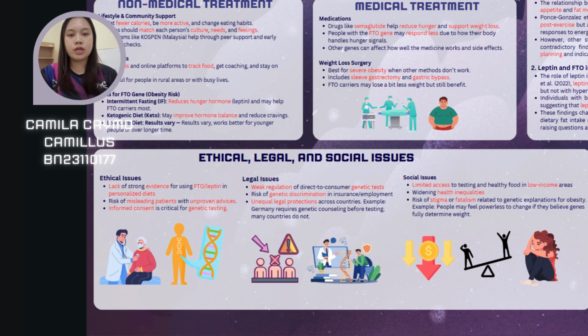Socially, access to testing and personalized diet is often limited to higher-income or urban populations. This creates health gaps between communities. Also, focusing too much on genes can lead to stigma or make people feel helpless. On the other hand, blaming only behavior ignores bigger issues like poverty or food insecurity.